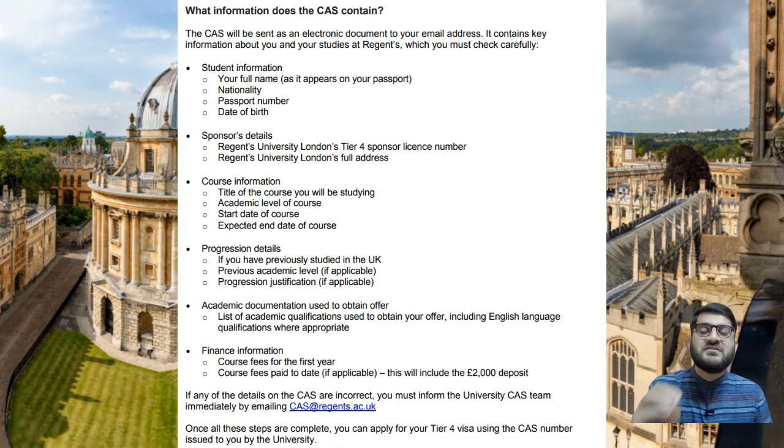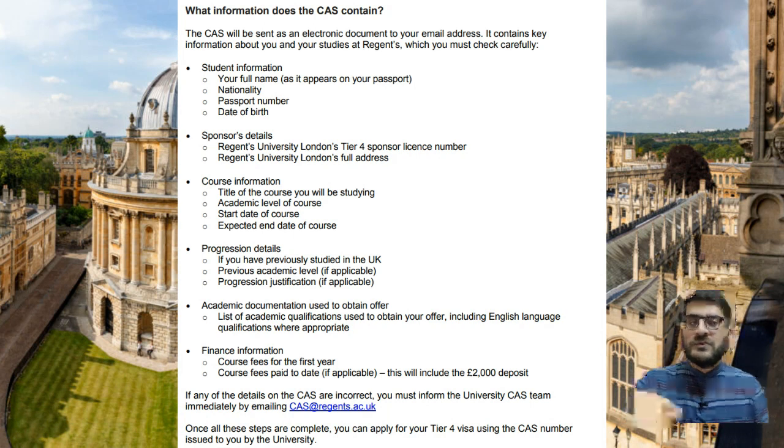If you have previously studied in the UK, then you will need to state that information to the university, and while issuing the CAS letter, the university will outline the information of your previous studies in any one of the universities or in the same university in the UK in the past. So that information must be given, and then the documents which you used to secure the admission in the university are the next part. The academic documentation used to obtain the offer letter, that is your admission letter from the university, is the next part.